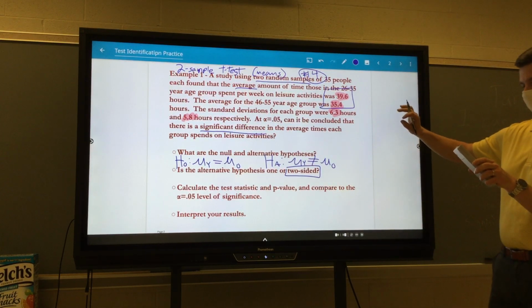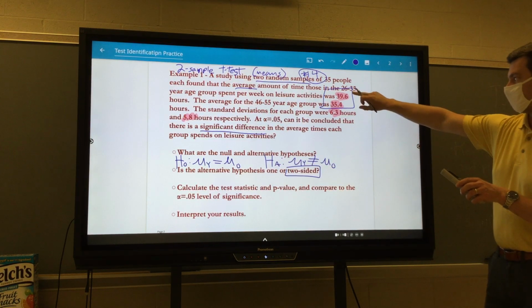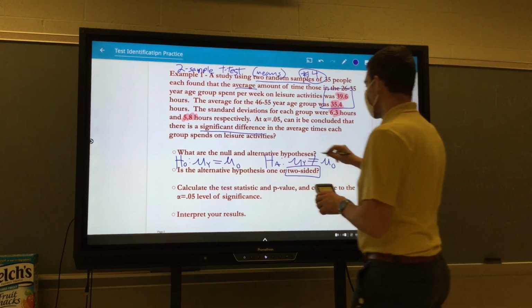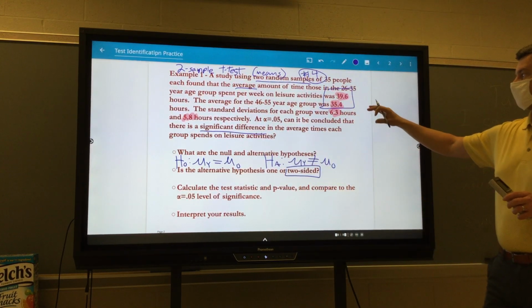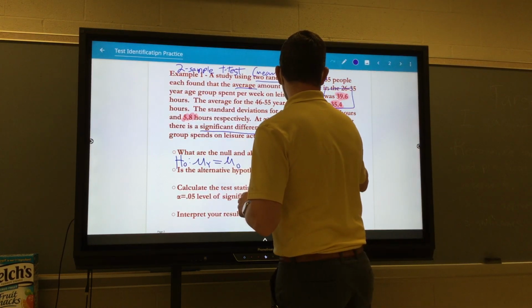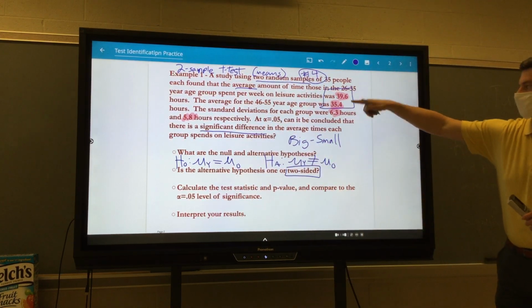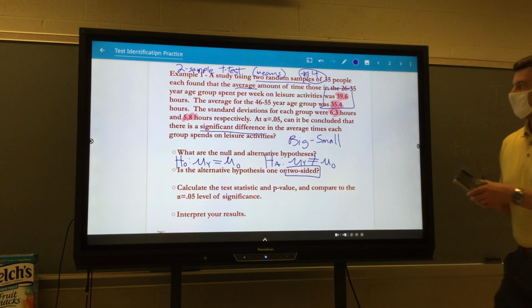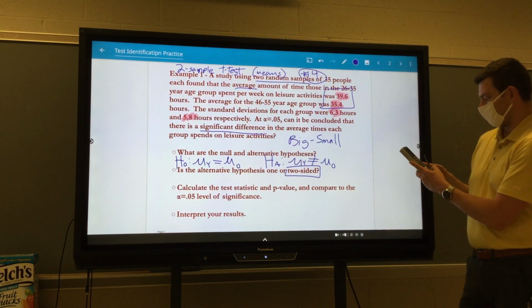X bar 1, SX1, N1. So we have the mean. Okay, we're going to go the younger group as 1, the older group as 2, because typically we want to go big minus small. Okay, so big first, small second. So X bar 1 will be 39.6.